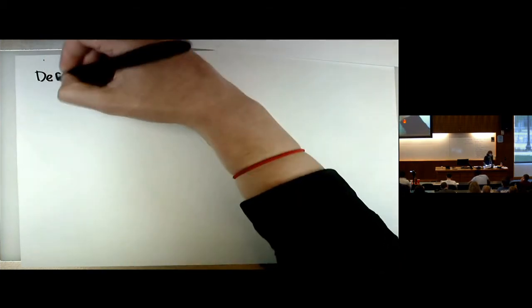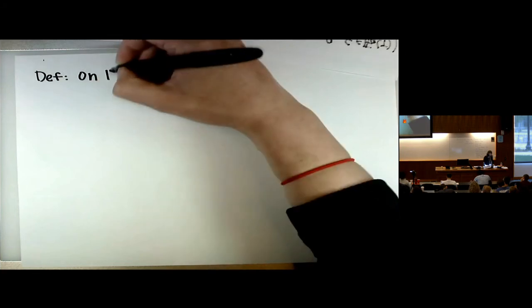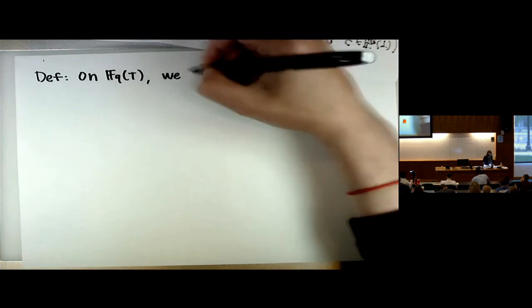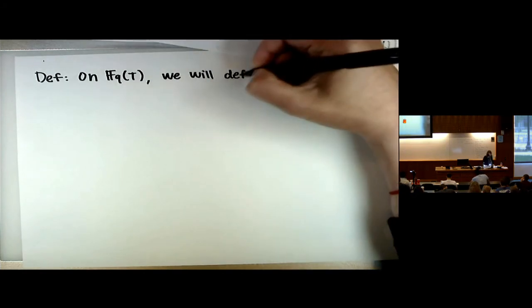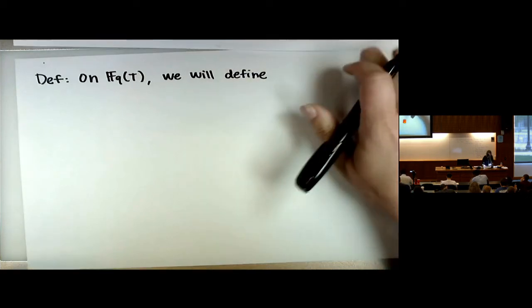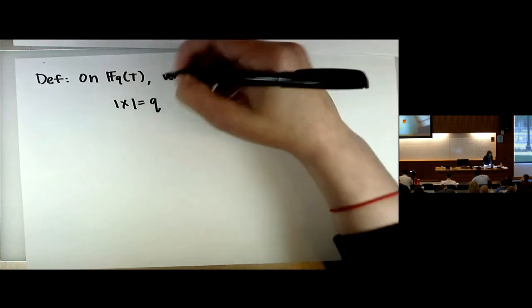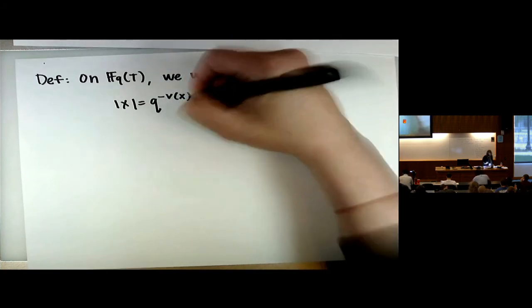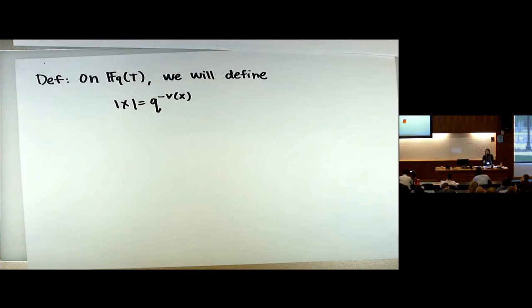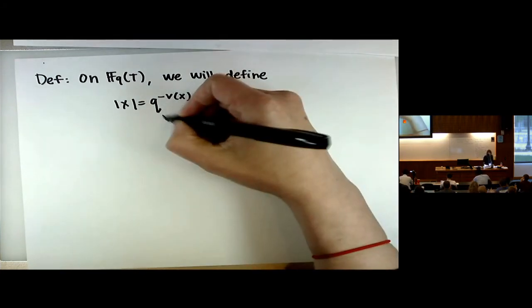And then what's the connection? So that was a big to-do about valuations, but I kind of sold you absolute values. So right now maybe you're disappointed, but definition: on this field F_q(t), we will define the absolute value of x to be q to the minus v of x, where v is that valuation from before, and q is the size of the field.